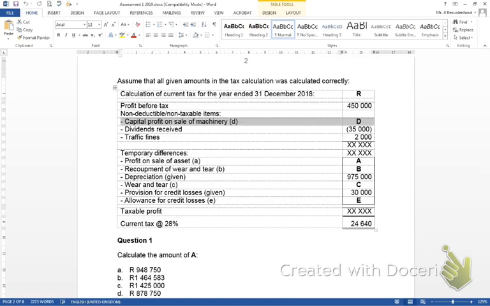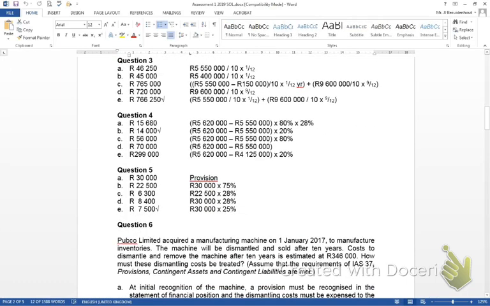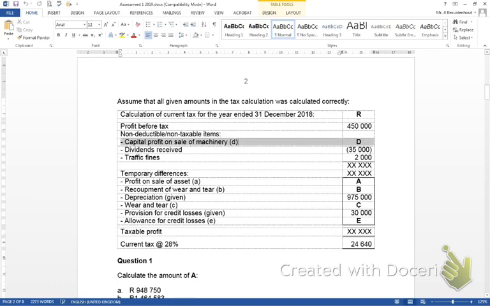That answer is 14,000. 5,620 minus 5,550 is 70,000, and 20% of that is 14,000, and that is why in our tax calculation, number D there will be the 14,000 that you are bringing into account in this calculation.